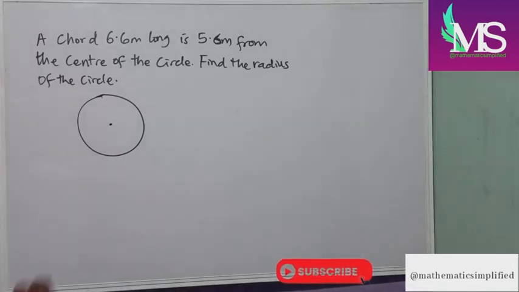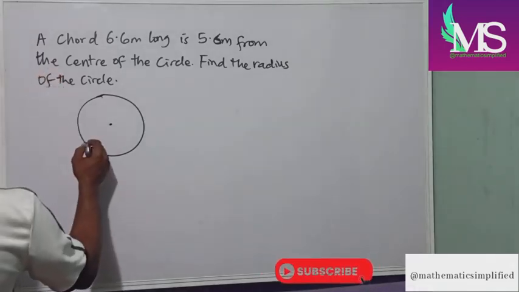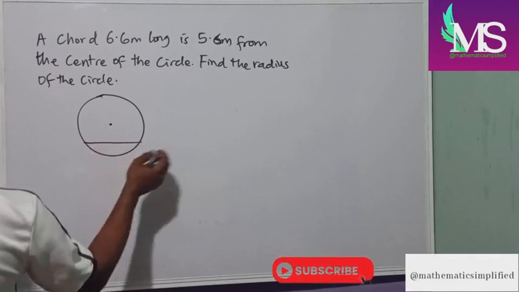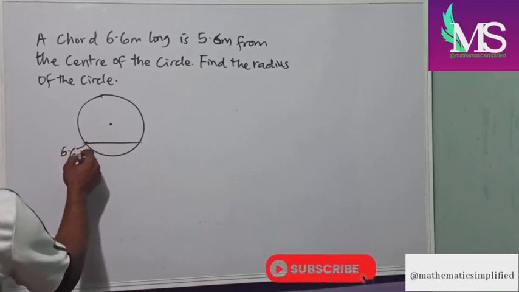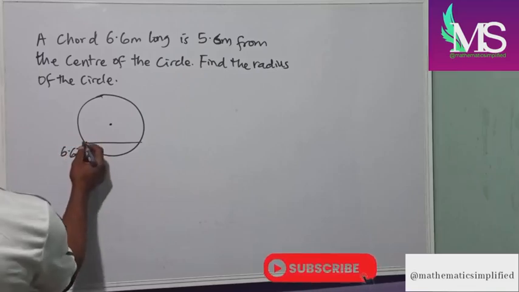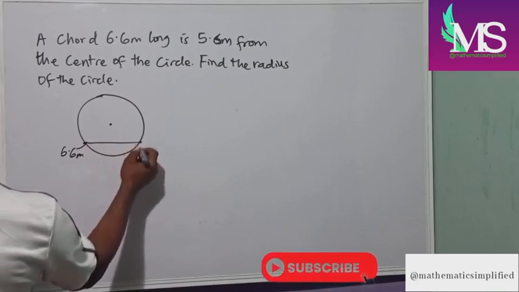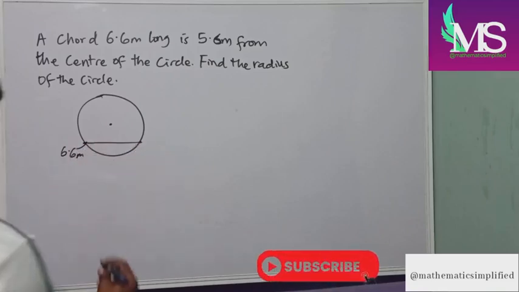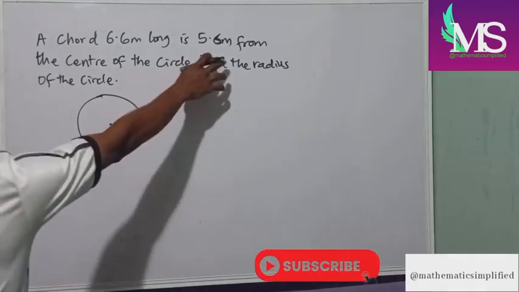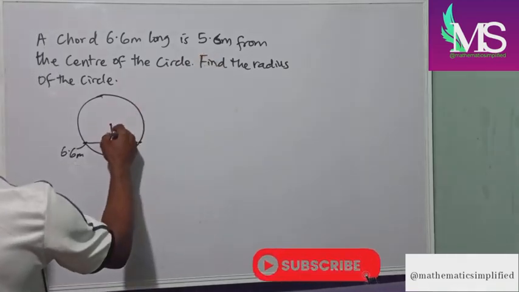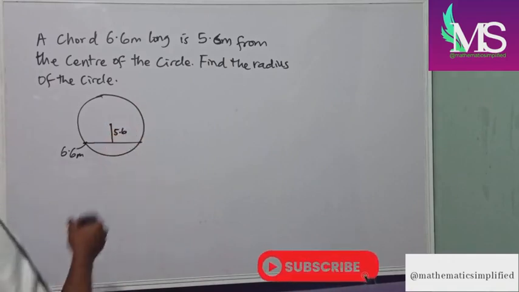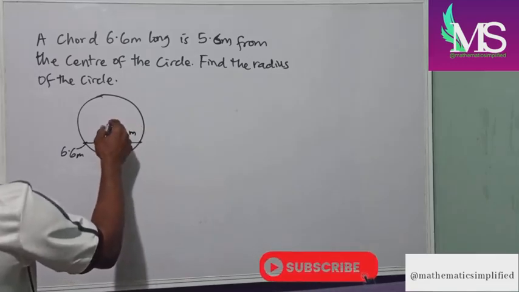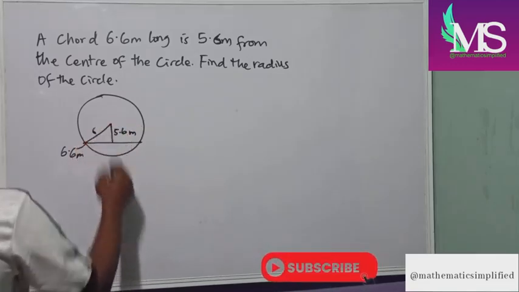The chord is 6.6 meters long, so from circumference to circumference is 6.6 meters. They say from the center of the circle it is 5.6 meters. So now we need to find our radius R.